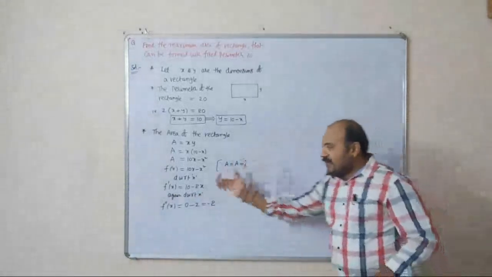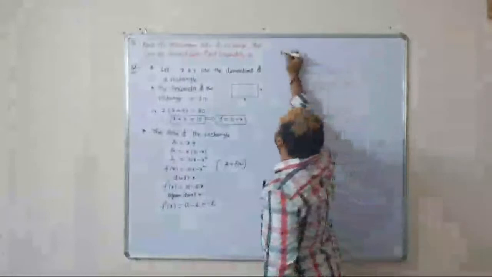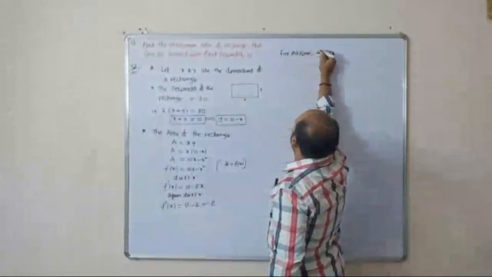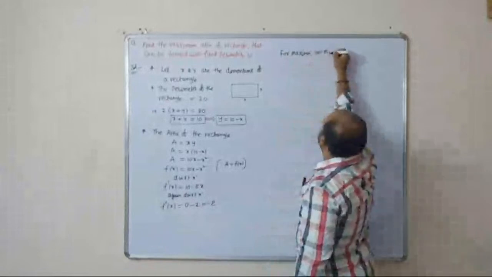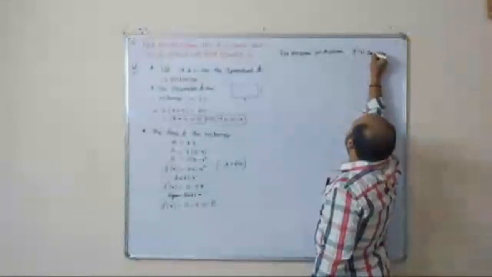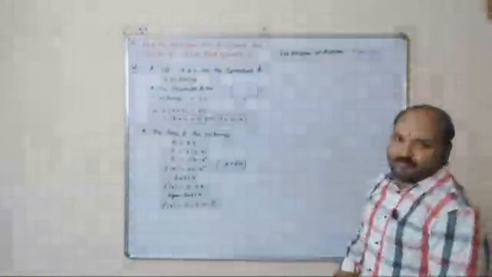After getting f dash of x and f double dash of x, what we have to do? For maxima or minima, f dash of x is equal to 0.